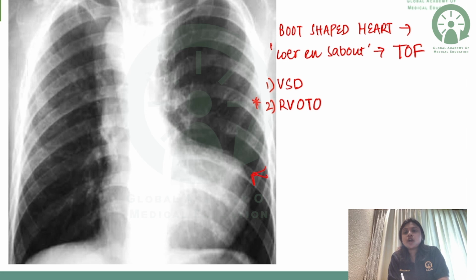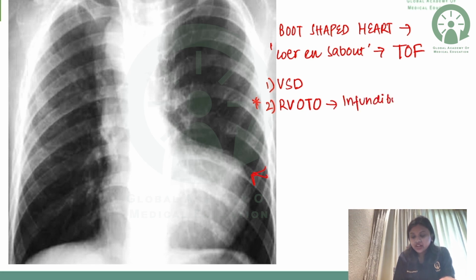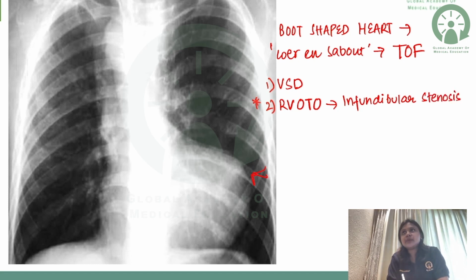So right ventricular outflow tract obstruction, what form will it happen? Then one, it will be infundibular stenosis. We can have pulmonary stenosis, pulmonary atresia, etc. But the most common form of right ventricular outflow tract obstruction will be infundibular stenosis.